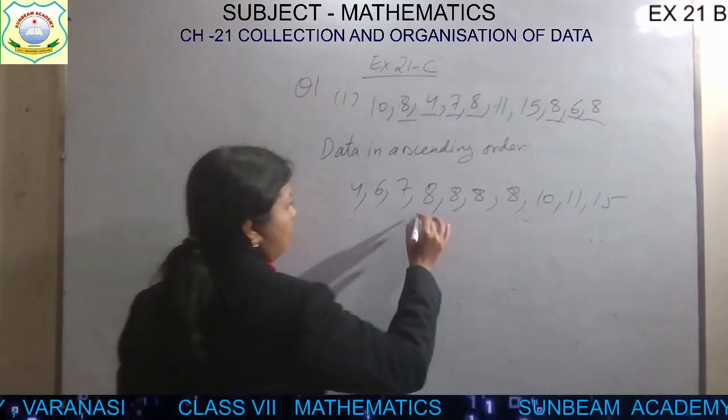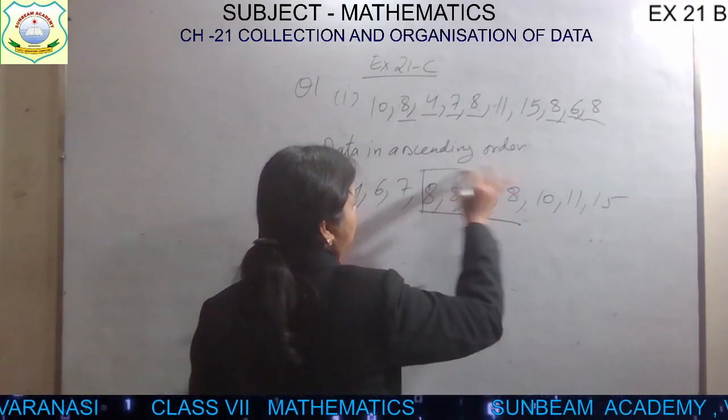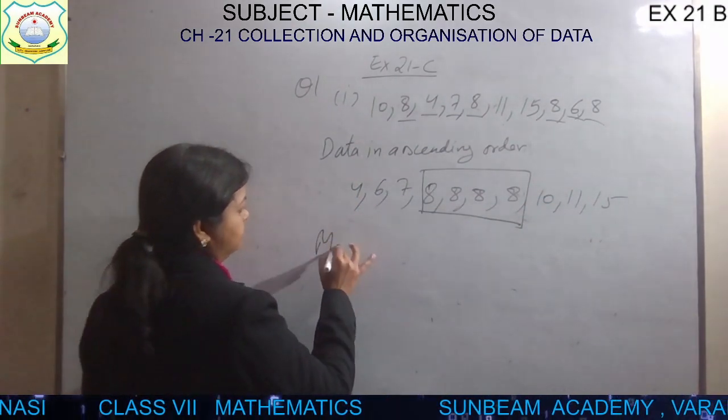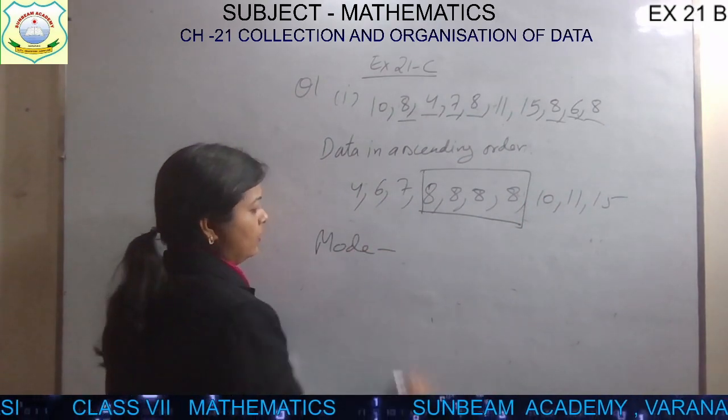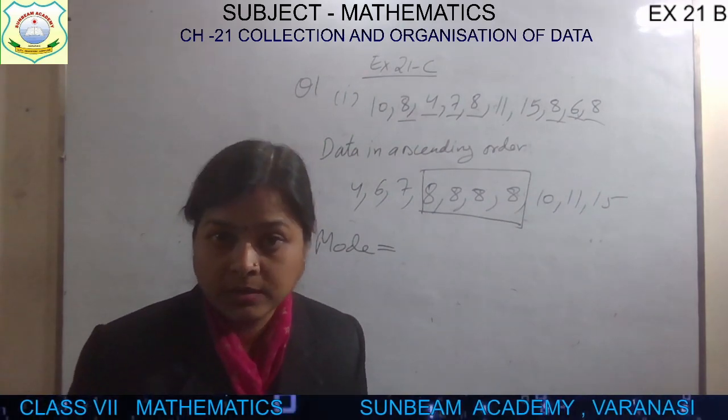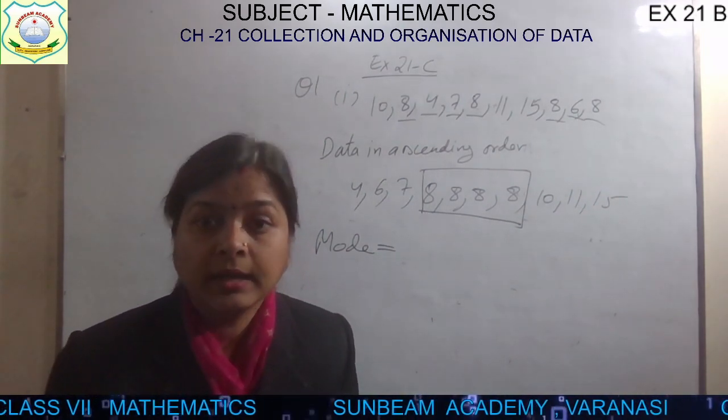Now, which occurs most of the time? 8. High mode. What is mode, children? Mode is the highest number of occurrence. So what is the mode here? 8.